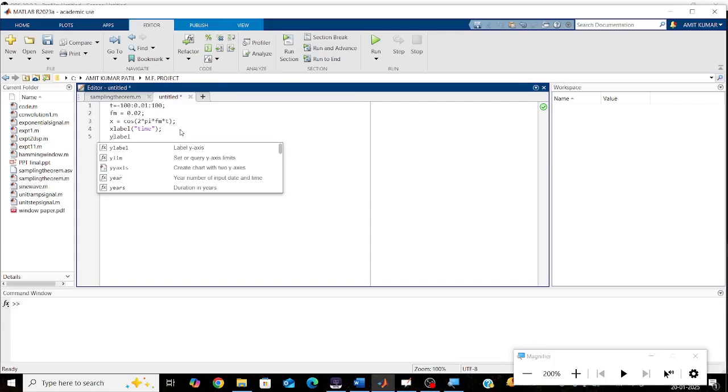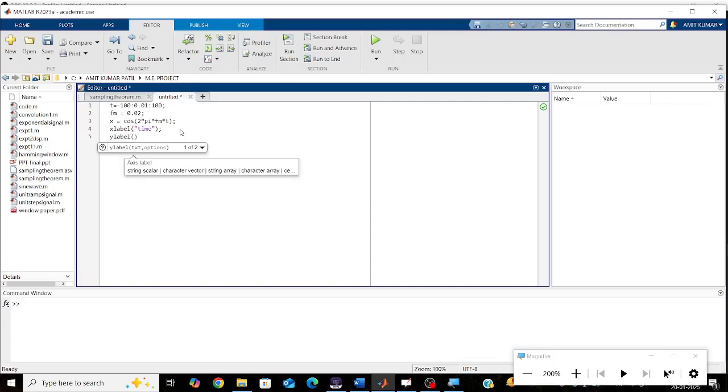And y label: on the y-axis we are taking amplitude.